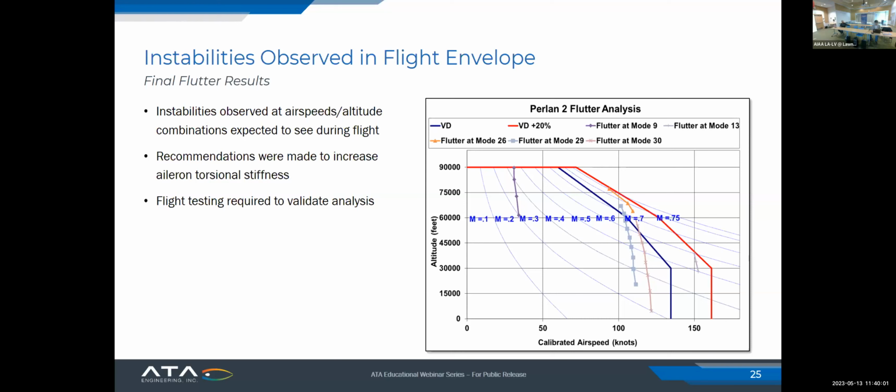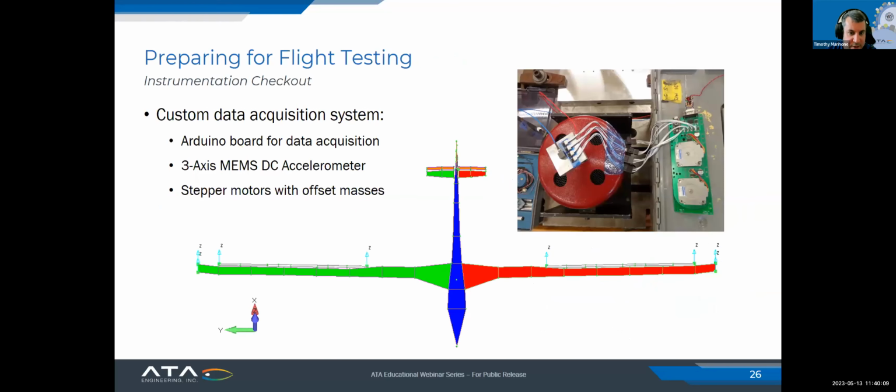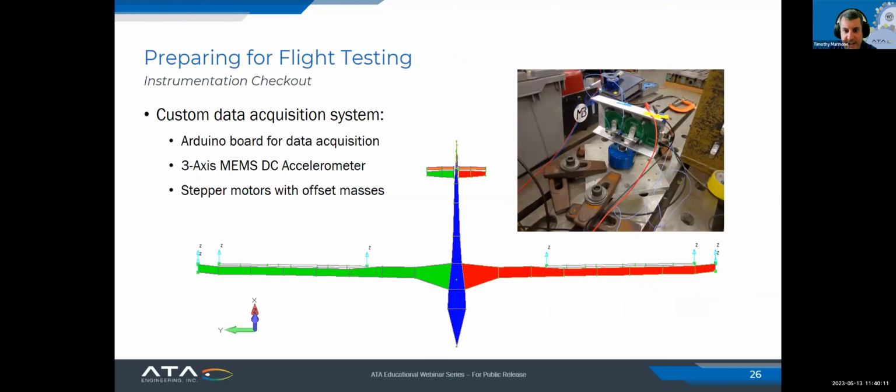So for the flight test, were the exciters aerodynamic or inertial? You can see here they were inside, so inertial. It's basically just an offset mass that rotates.